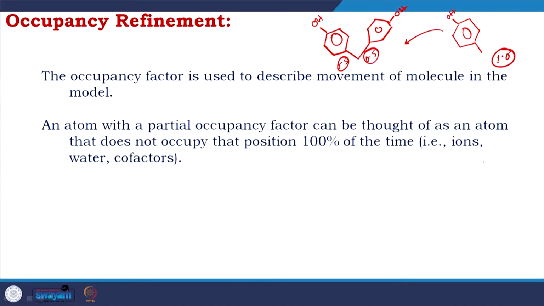What I mean by that? Let us say there is a tyrosine and it has 10 conformers. Five of them would contribute, let us say, 0.01% each.